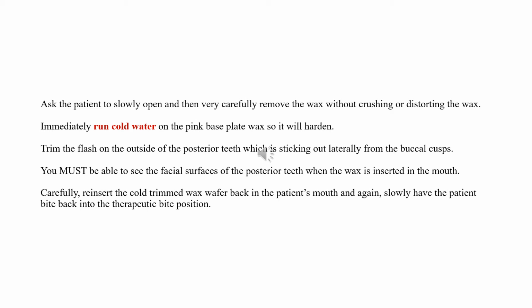Because when you put the bite later on the mounted cast, you want to be able to see with your eyes the upper and lower teeth going into the bite precisely. If you've got wax on the outside, you can't see how the teeth fit in. You must be able to see the facial surfaces of the posterior teeth when the wax is inserted into the mouth, right? So you're looking to see if you can evaluate where the teeth are in the wax, right?